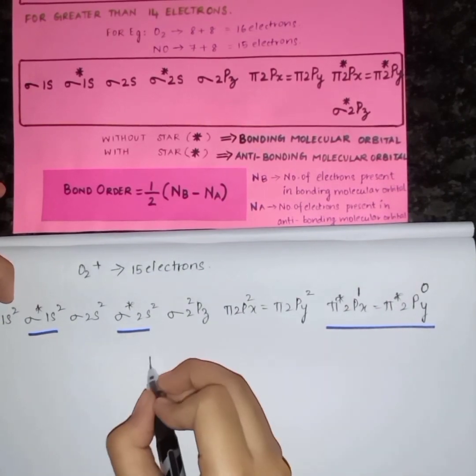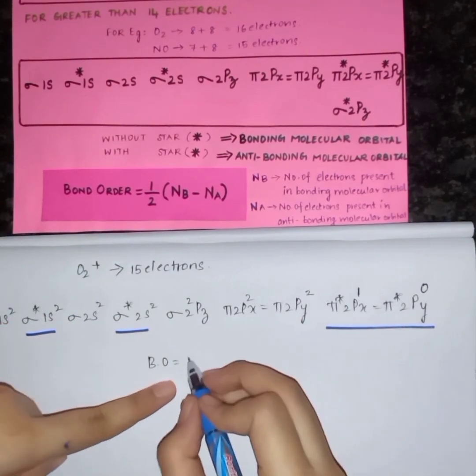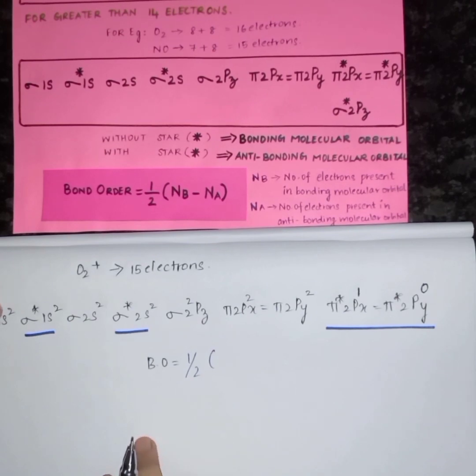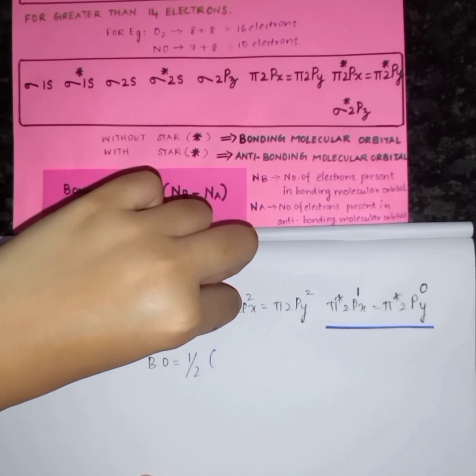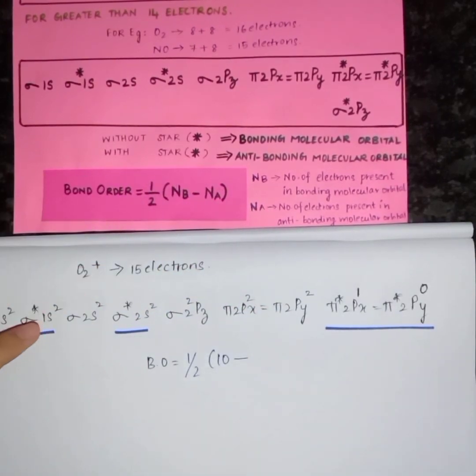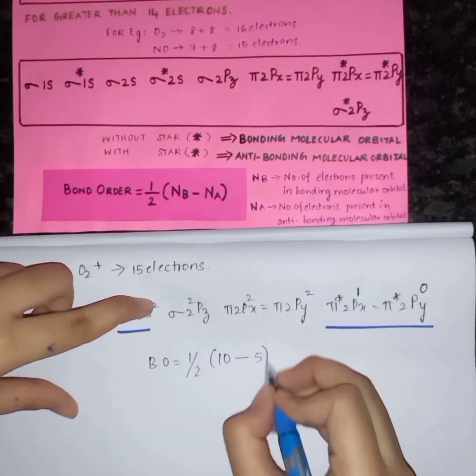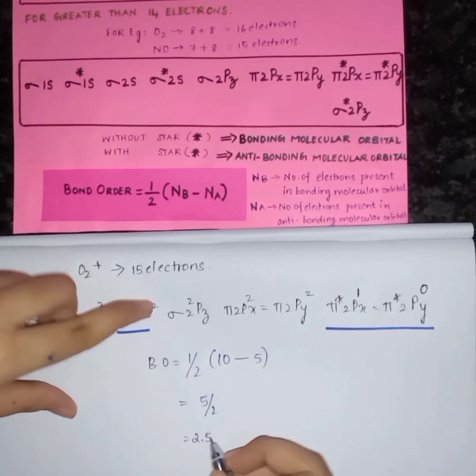Let us calculate the bond order using the formula half into Nb minus Na. Number of bonding electrons are 2 plus 2, 4, 4 plus 2, 6, 6 plus 2, 8, 8 plus 2, 10. 10 minus number of electrons in the anti-bonding molecular orbital, 2 plus 2, 4, 4 plus 1, 5. So totally 5 by 2, which is 2.5.